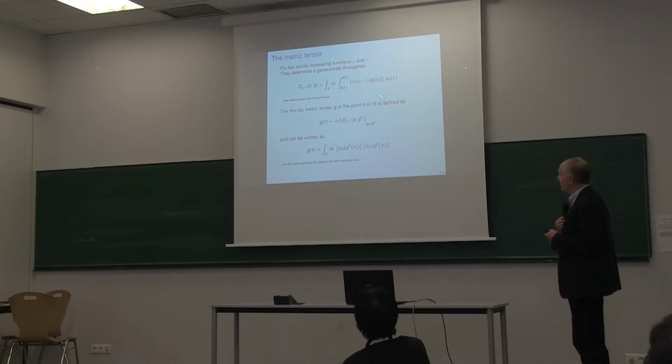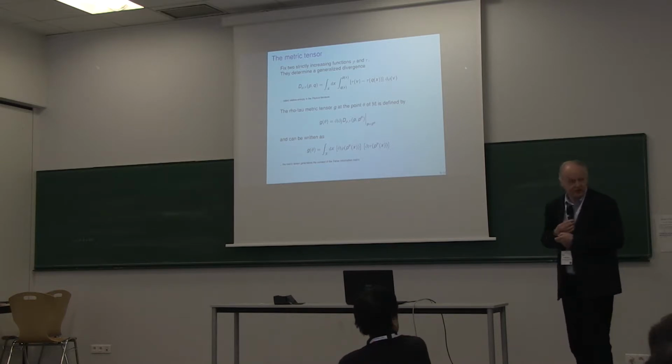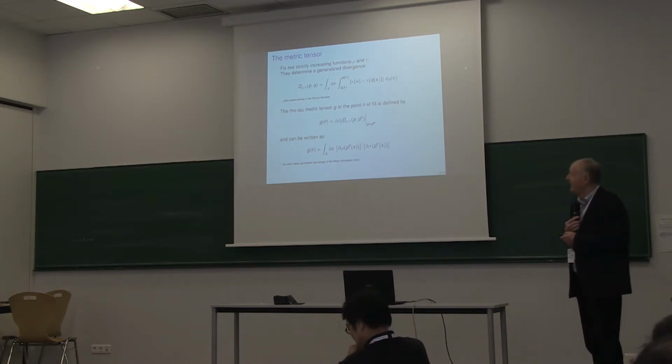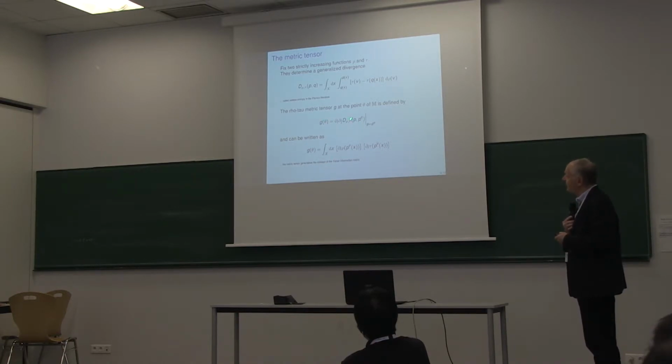So the essential properties of the divergence you can derive from this expression. And then you can derive the rho tau metric tensor by taking twice the derivative with respect to the second argument. Okay. Derivatives with respect to the parameters θ1 up to θn.